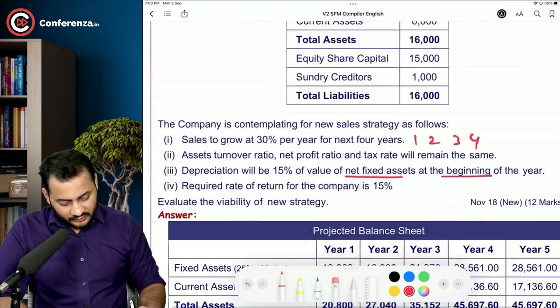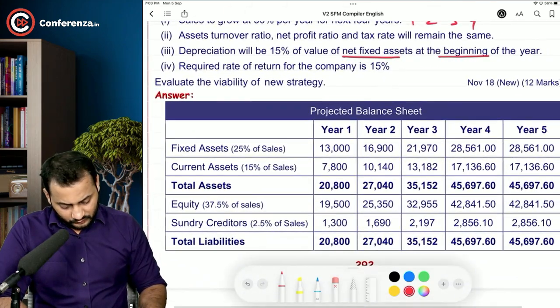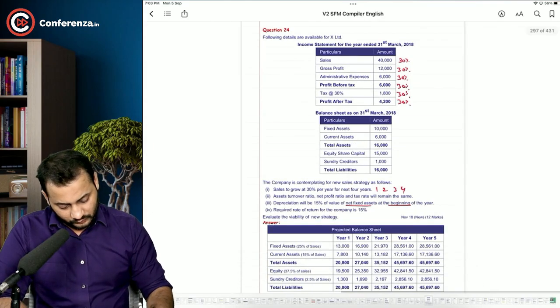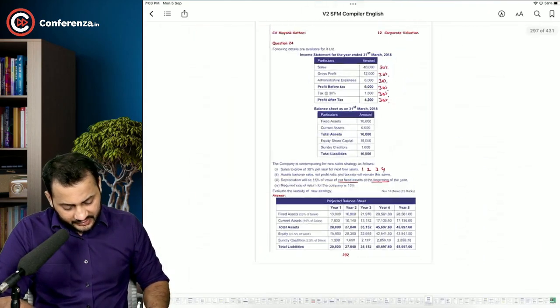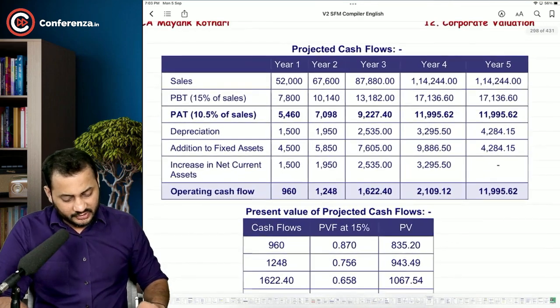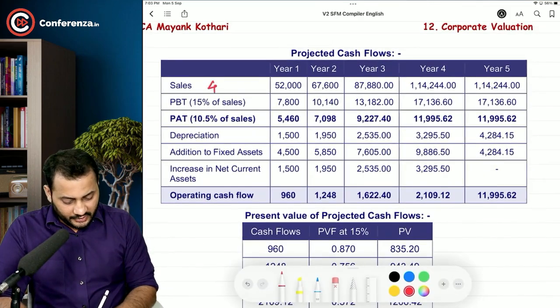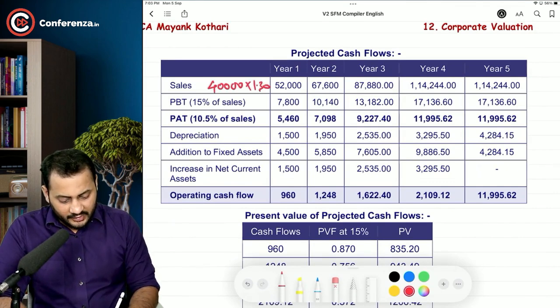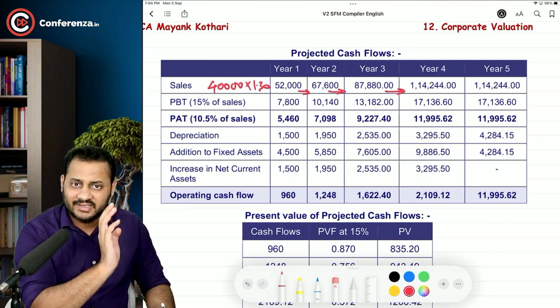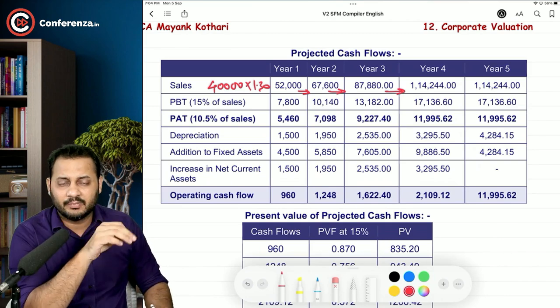It was 40,000, right? Sales. They have prepared a balance sheet here, but I think they should have first written the sales figure. So from 40,000 to 1.30 and 1.30 and 1.30 and 1.30. For the next 4 years, you are going to increase that by 30%.